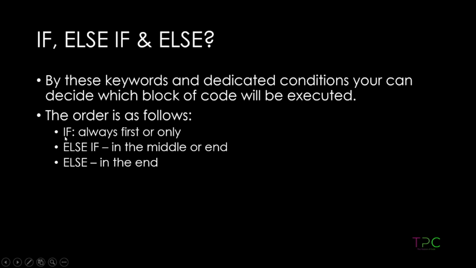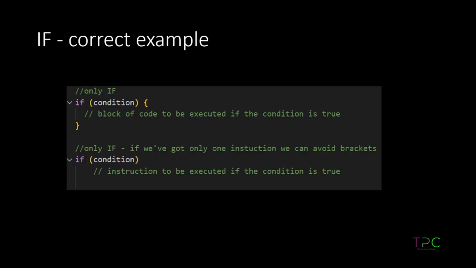And the second is else if or else, right? It depends on what we want to achieve. But the else if can be in the middle, right? So we've got if, else if, and the else in the end. So that's the example.